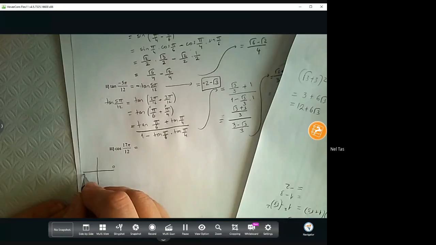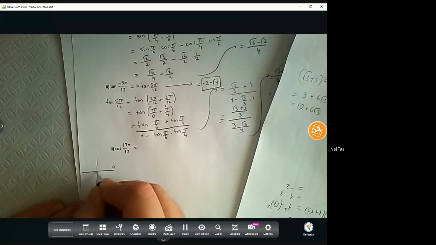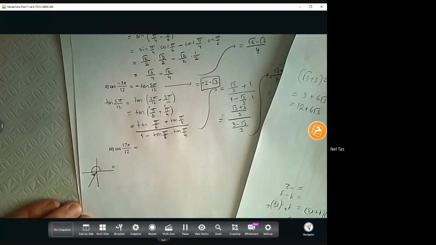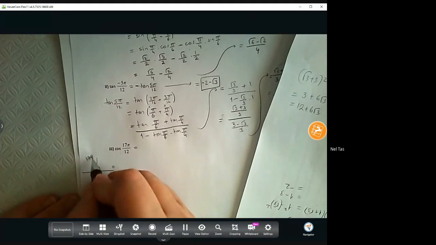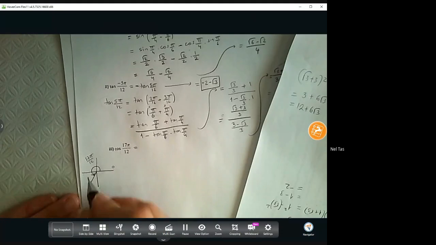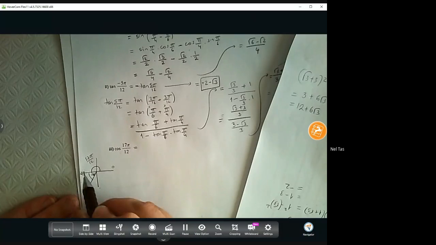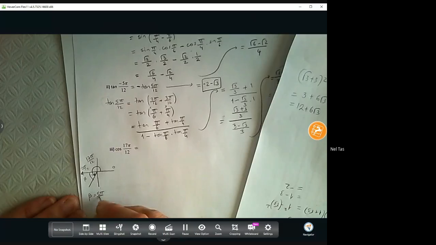This is 12 pi over 12. That is 18 pi over 12. So 17 pi over 12 is somewhere here. Then the related acute angle, which is here, beta. Okay? So again, this is pi. So pi is 12 pi over 12. So the difference is 5 pi over 12. So it looks like beta is 5 pi over 12.